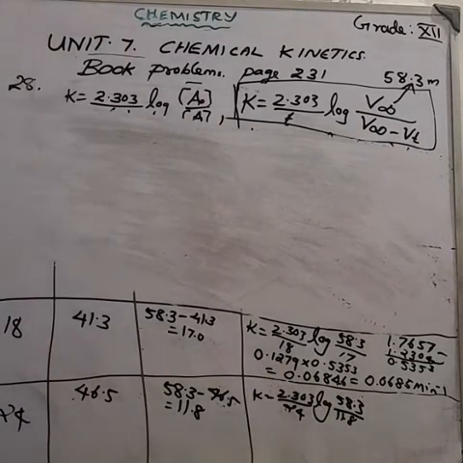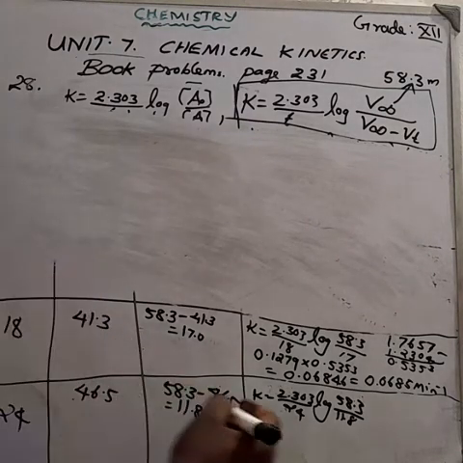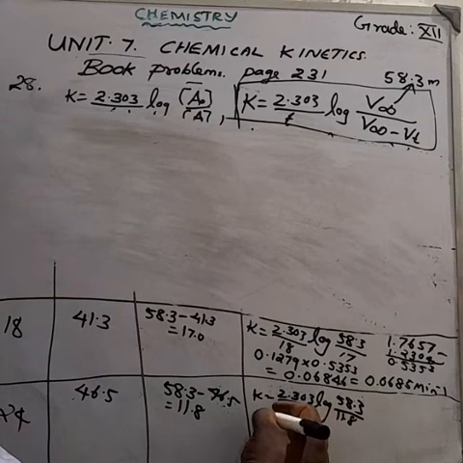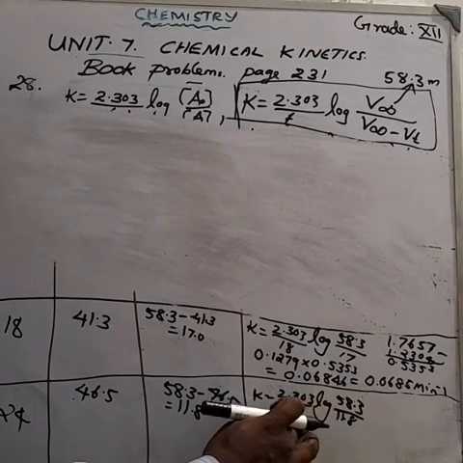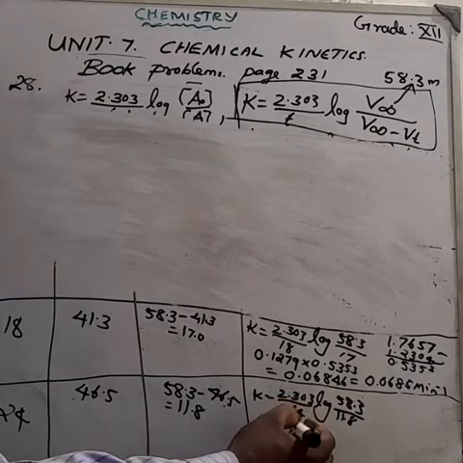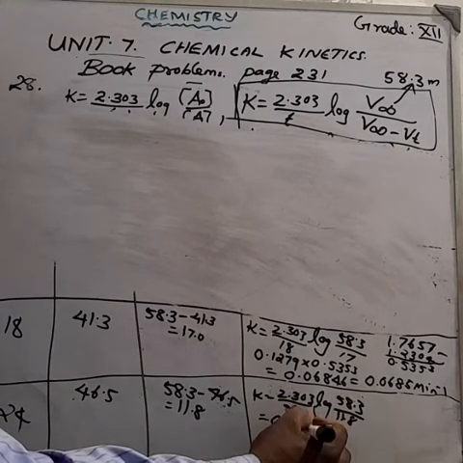First I divide 2.303 divided by 24, and I get approximately 0.0959.